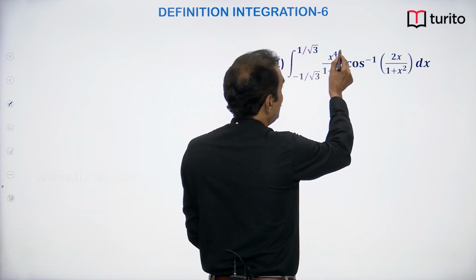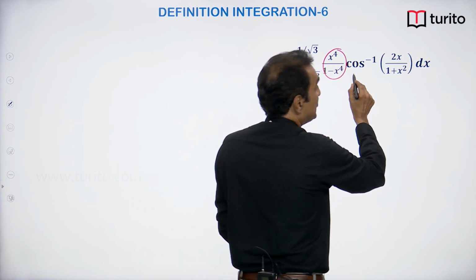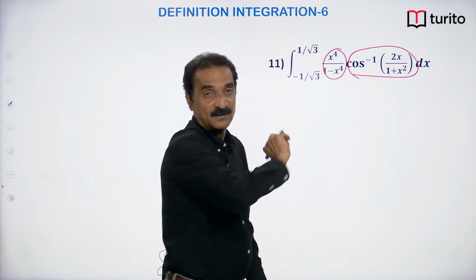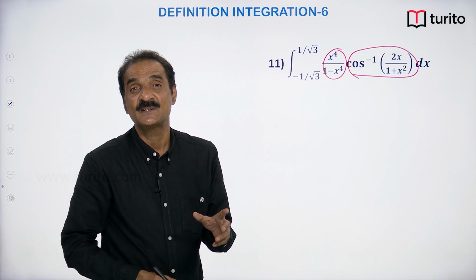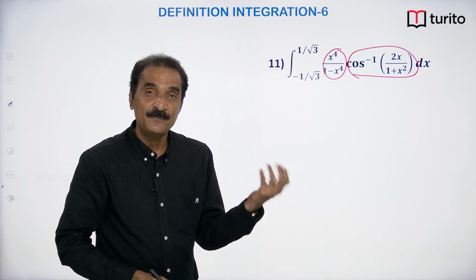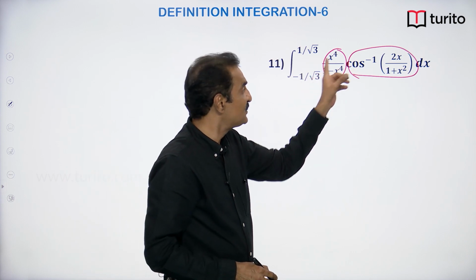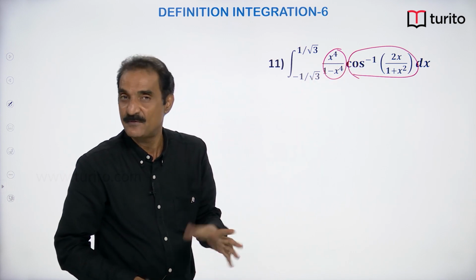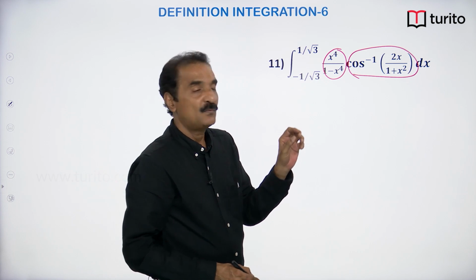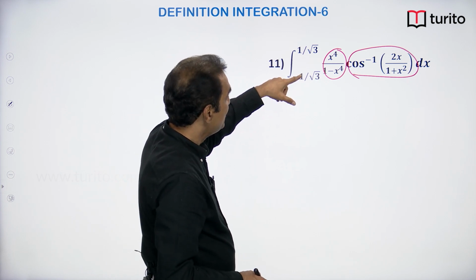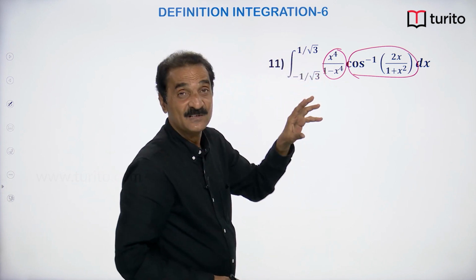Here this is an even function, but this is neither even nor odd. Replacing x by minus x, we are not getting the same function or minus sign. So it is neither even nor odd, so multiplying by this also it is neither even nor odd. So we have to replace x by a plus b minus x, means minus x.